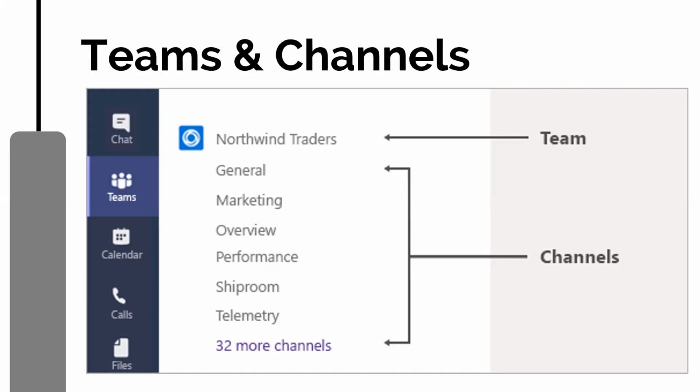Okay. All right. So the team is the gathering of people that are going to work together on the one main thing. It's like an umbrella. And then the channels are the individual topic areas: project, department, event, whatever it might be.